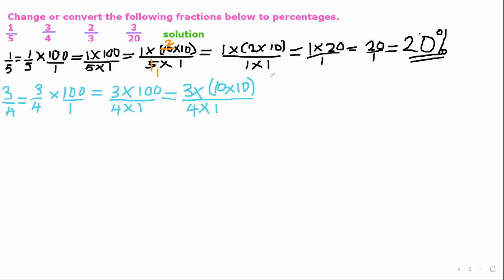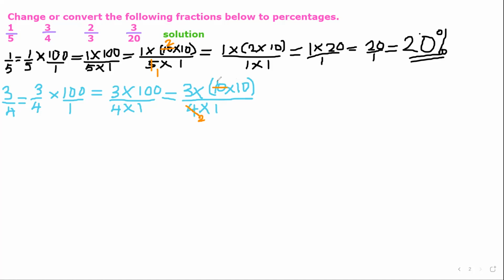Okay, then I think it will be easier to think about the number that can cancel the 4 and the 1 of the 10. Then you try to cancel them. The 4 here, 2 goes here, 2, and then you choose any of the 10 to cancel.